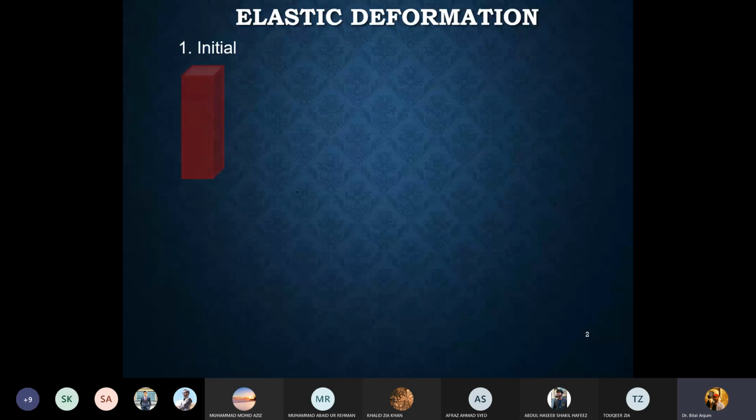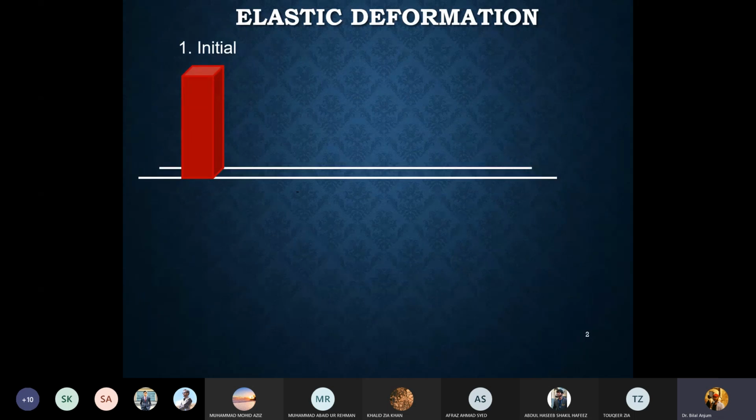Let us say that I have a rectangular bar with me as shown over here. This is the initial stage. And I apply a certain amount of force onto this bar. I have magnified this region in terms of the arrangement of atoms.